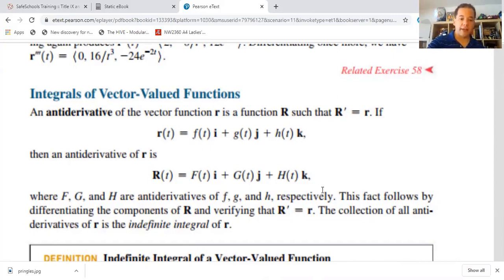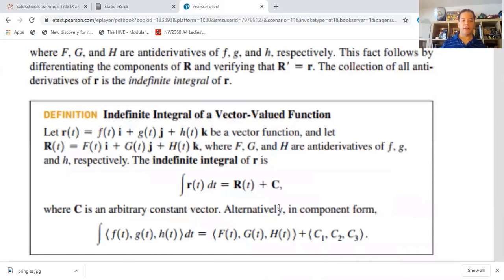So if you have that, you can find the indefinite integral of a vector function as the vector that has the 3 antiderivatives, plus a constant vector. This constant vector is made up of 3 different constants, constant 1, constant 2, and constant 3. All right? So in other words, you integrate the first component, the second component, and the third component. That's exactly how it's done.